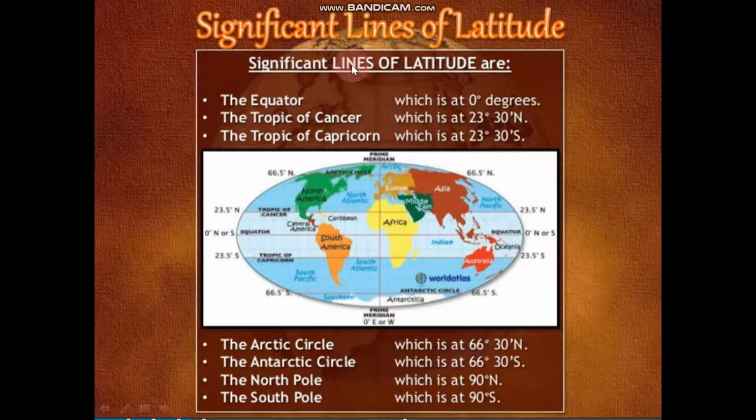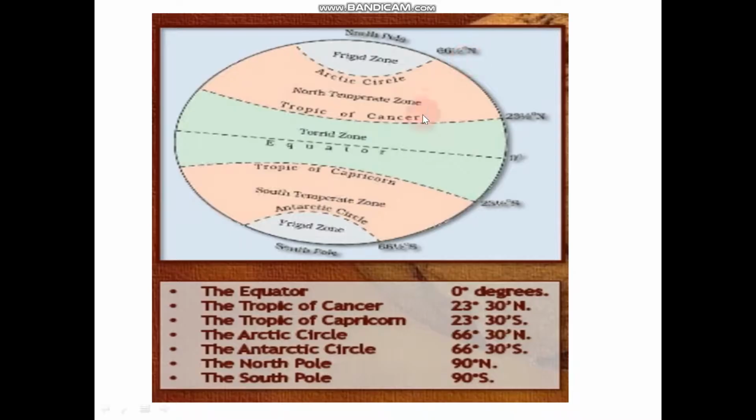You can say these are the important lines of latitude. Now you can see over here equator, Tropic of Cancer, Tropic of Capricorn, Arctic Circle, Antarctic Circle, North Pole and South Pole.